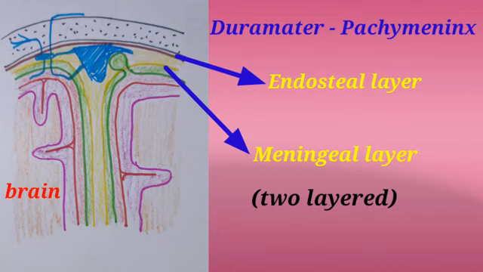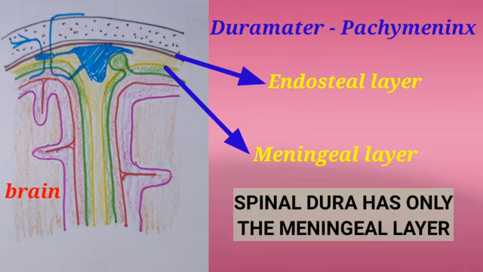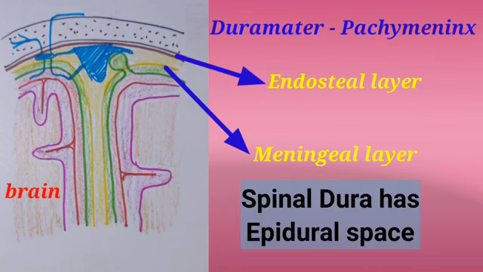The endosteal layer acts as the inner periosteum of the skull bones, and hence consequently the extradural space is absent in the cranial cavity. At the foramen magnum, the endosteal layer is attached to its margins, while the meningeal layer continues with the spinal dura. Hence, there is an epidural space formed in the spinal dura mater between the vertebral bone and the dura. This favors procedures like epidural anesthesia.